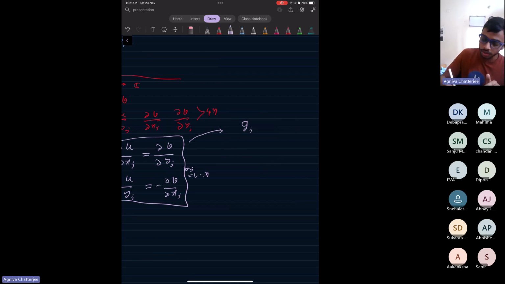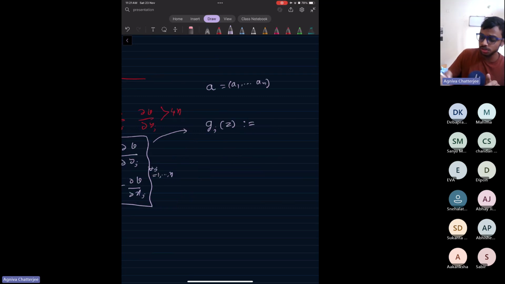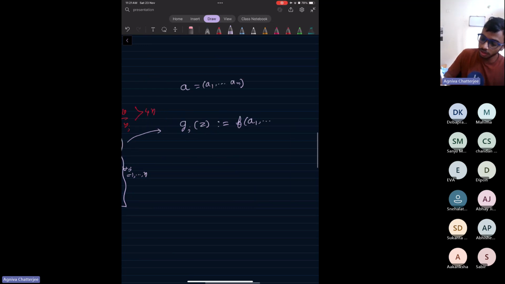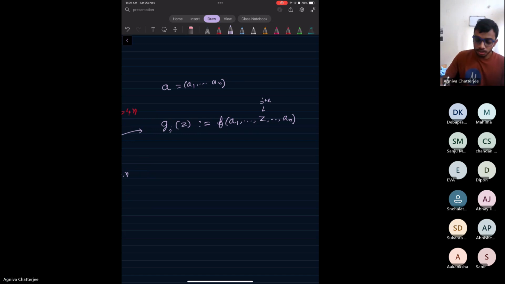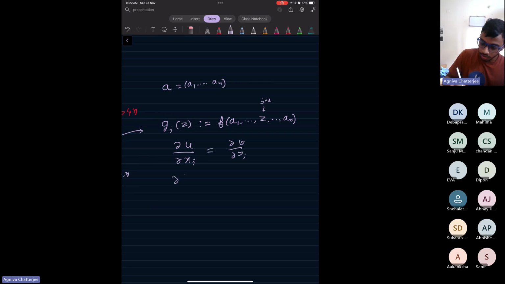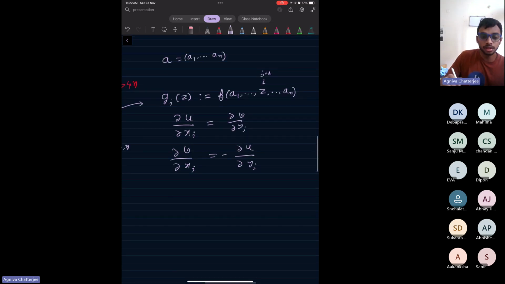and I consider this function gj(z), defined by fixing all the coordinates and freeing the jth coordinate, I have defined a one variable function. For this function, du/dxj equals dv/dyj, and dv/dxj equals minus du/dyj.